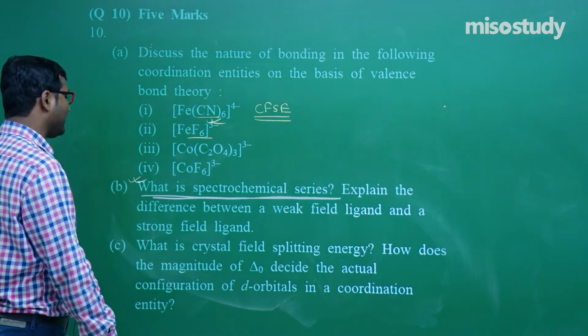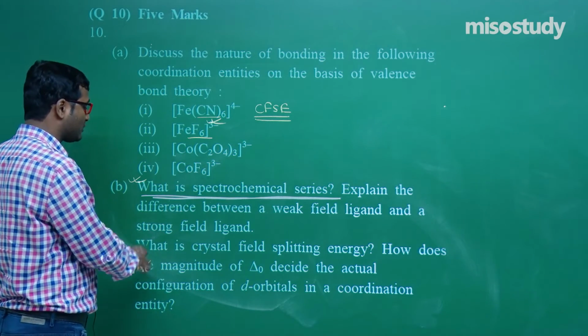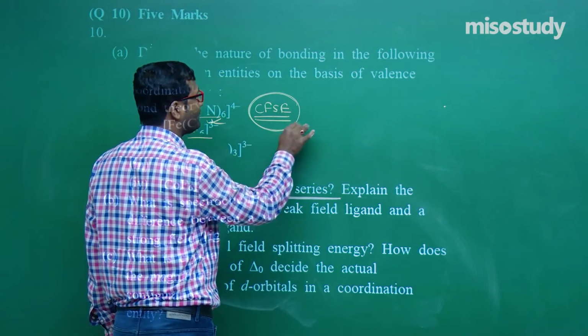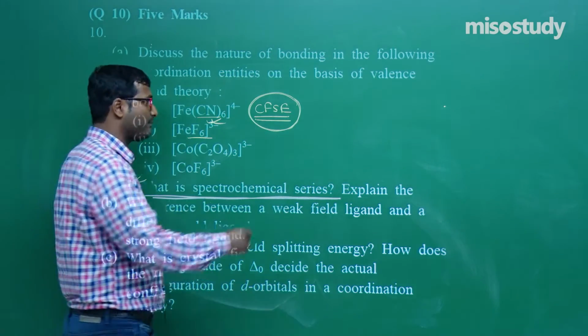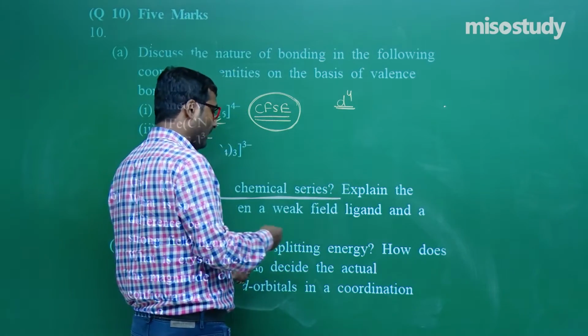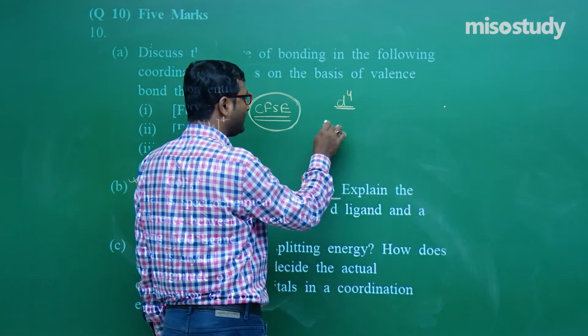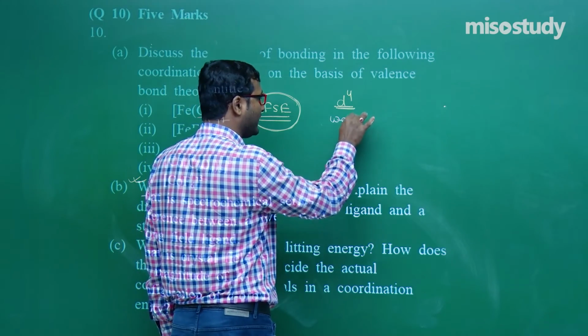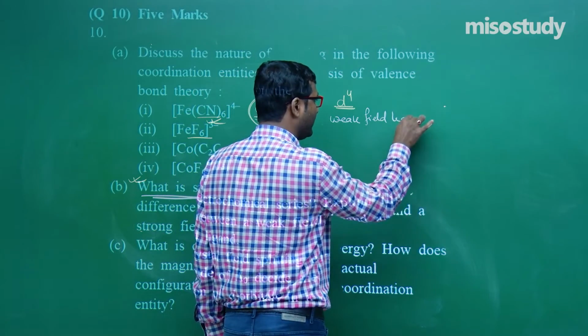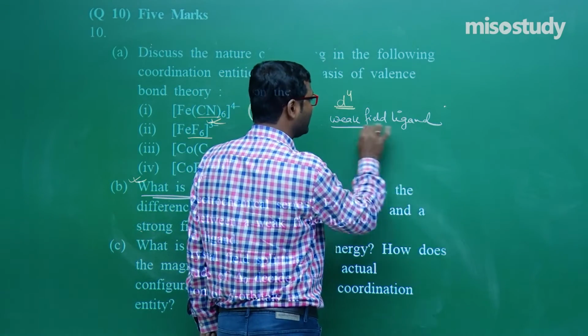Yes. Explain the difference between a weak field ligand and a strong field ligand. A weak field ligand has a low value of CFSE. For example, if I write here a d4 configuration in octahedral complexes, and there is a weak field ligand, what will happen in this case?